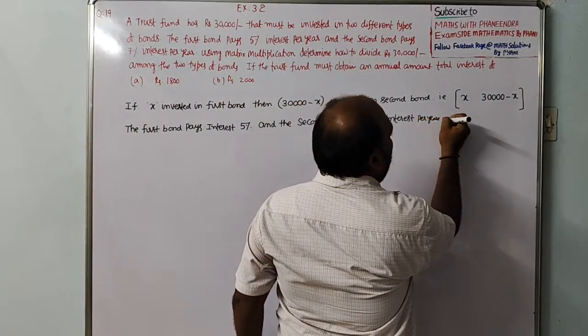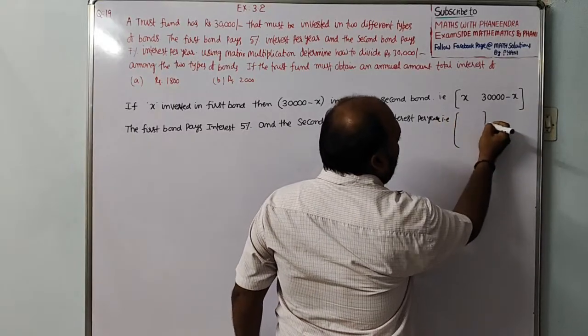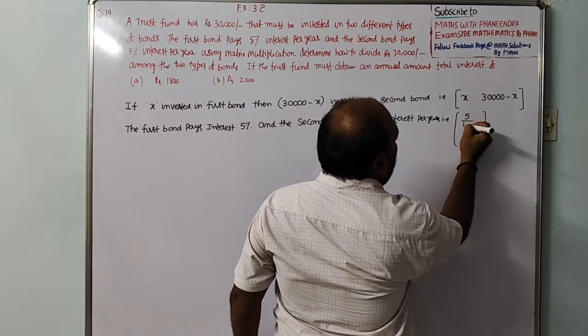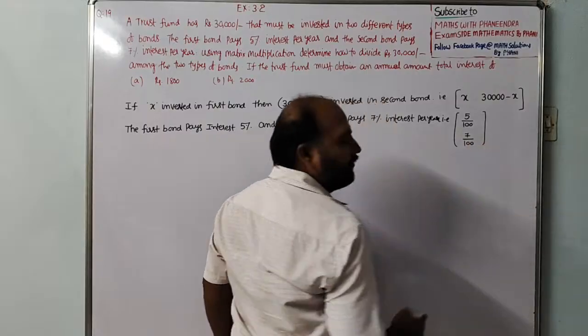So that it can be written in the column matrix form, dear students. So 5% means 5 by 100, 7% means 7 by 100.